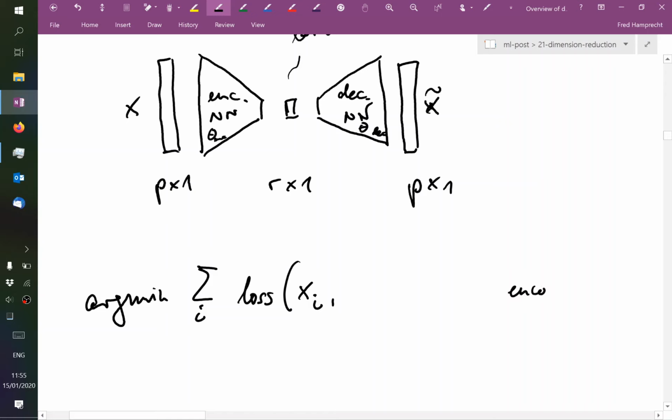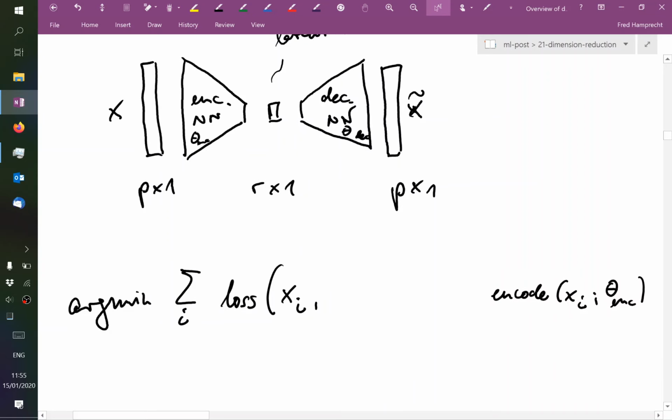First, we encode xi given the parameters of this encoding neural network. And for a state-of-the-art neural network, this theta enc will be 1,000,000 parameters. And this here will be our approximation zi given xi and given the parameters of the neural network.